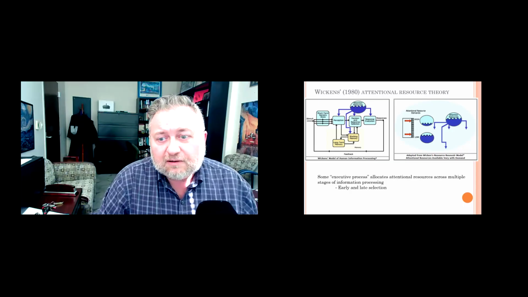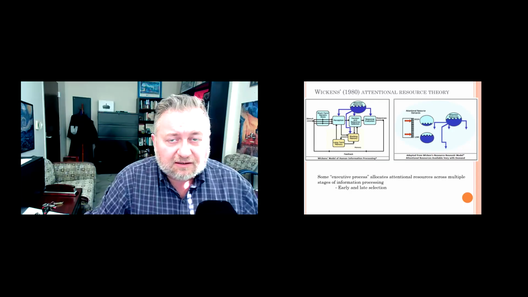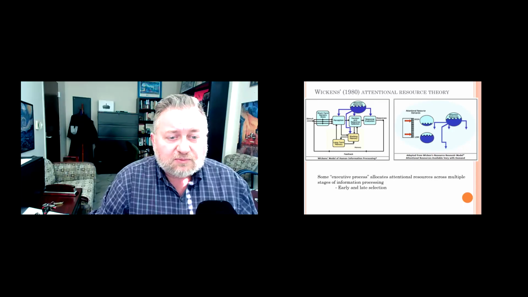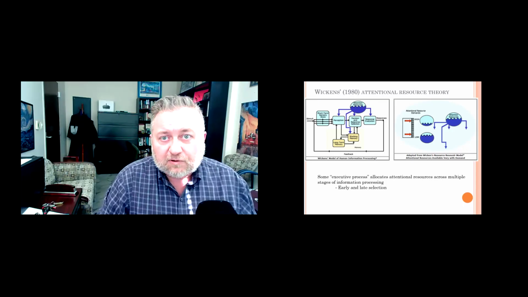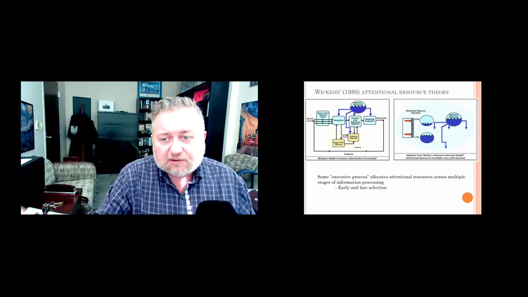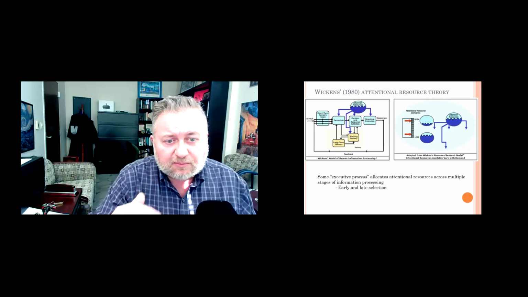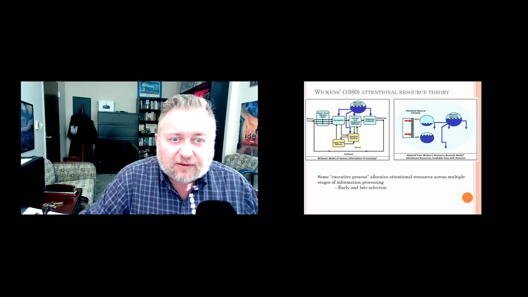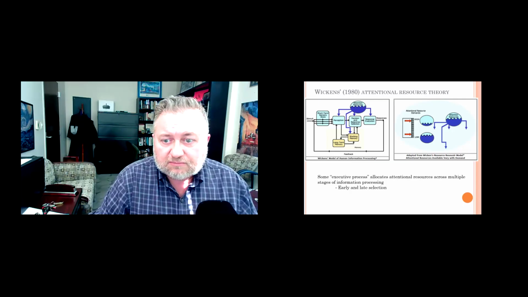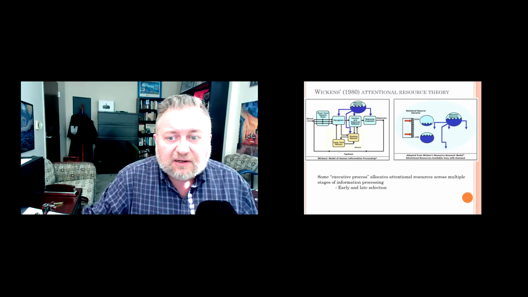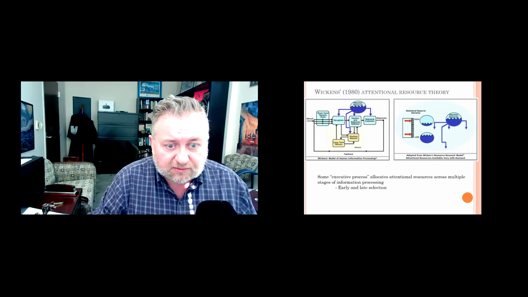So we can literally think of it as something like a gas tank, and it can only hold so much. And once we start to use them, we're going to run out of gas, right? That's what we're kind of seeing over here on the right, is that once any one of these subsystems becomes very demanding of attention resources, then the resource demand is high, and that's going to deplete our available resources.